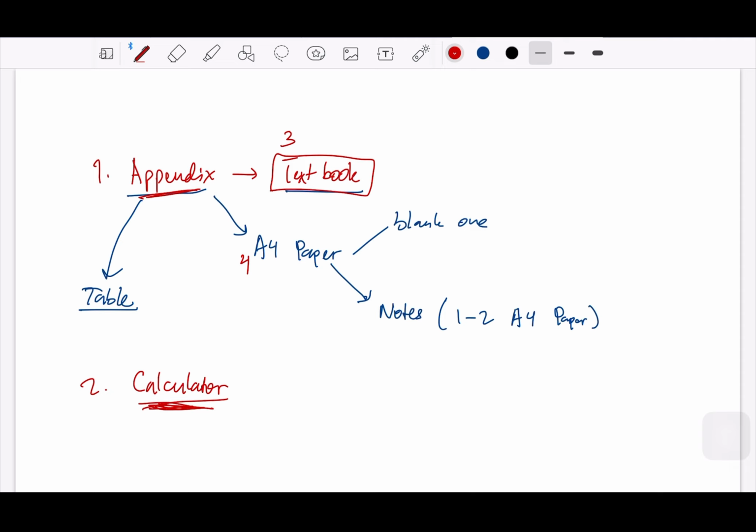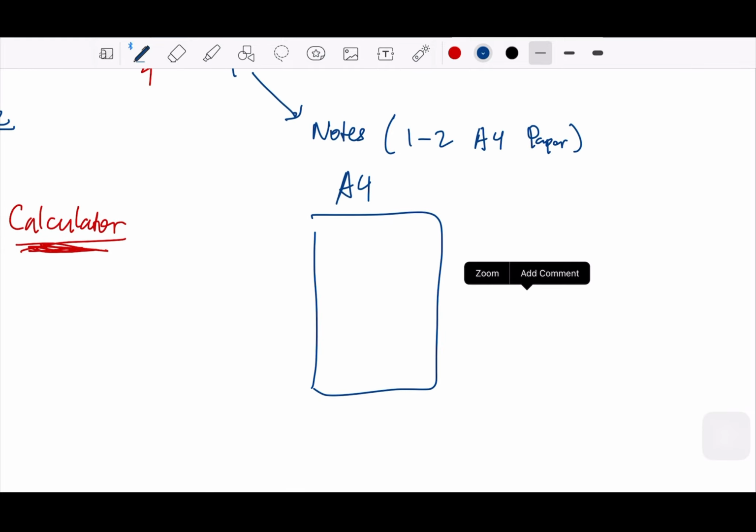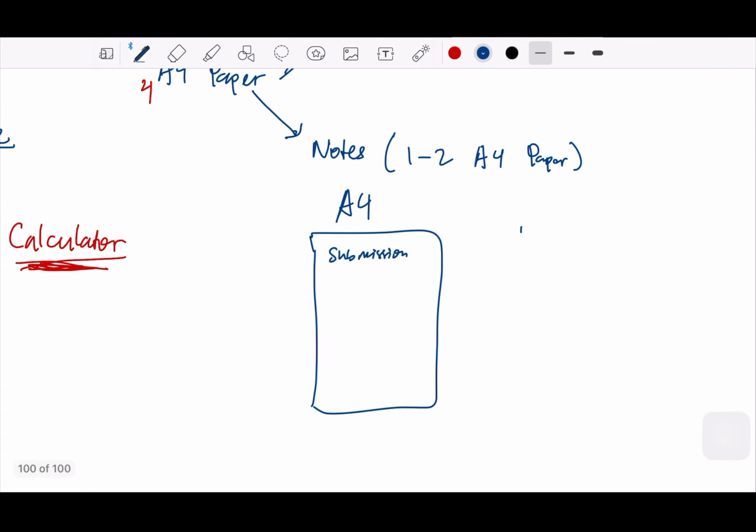Some blanks for your test, and also blanks for calculations, because I believe some of you, for example, you take A4 paper, you need to make sure one or two papers are really official for your submission. So for submissions, you can take a photo or scan the paper, and on the other paper you can write all the messy calculations.